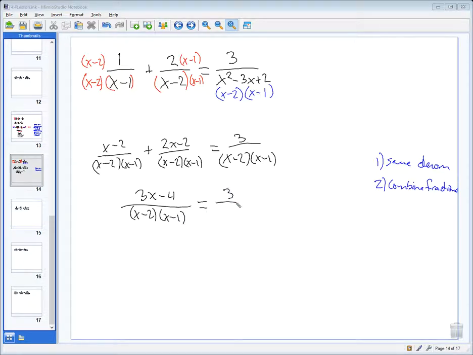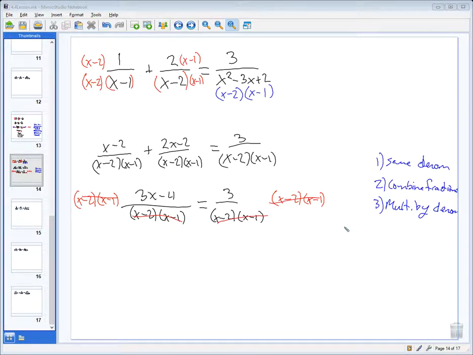And that equals a 3 over an x minus 2 and an x minus 1. Next thing I want to do is multiply by the denominator. So if I multiply both sides by an x minus 2 and an x minus 1, these will eliminate the denominator.